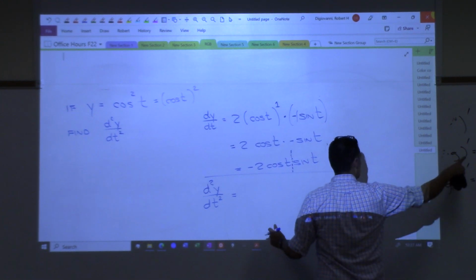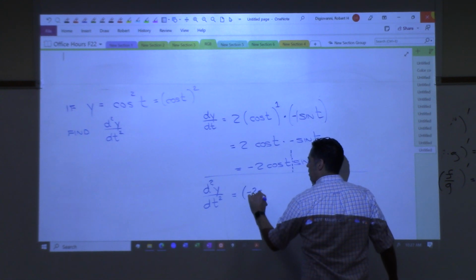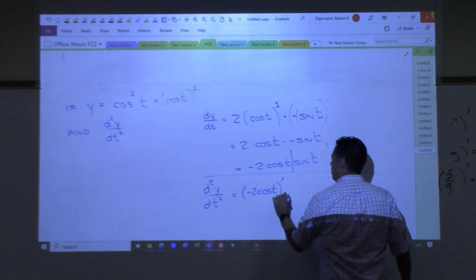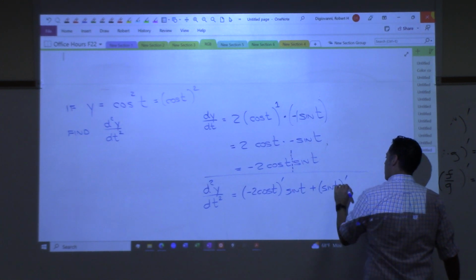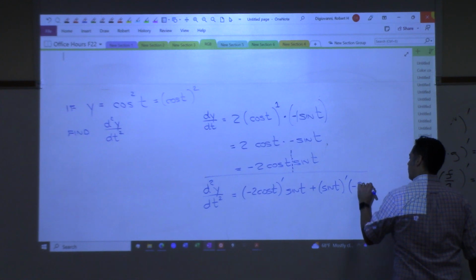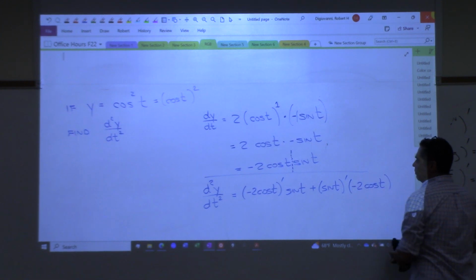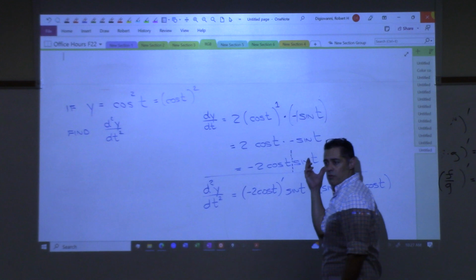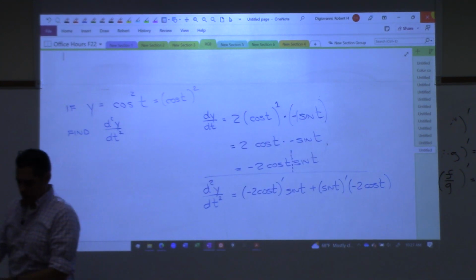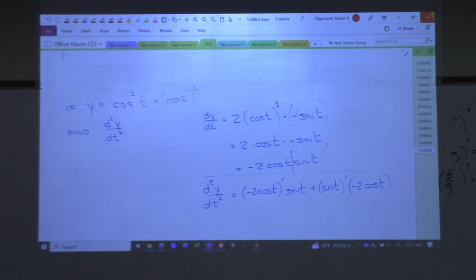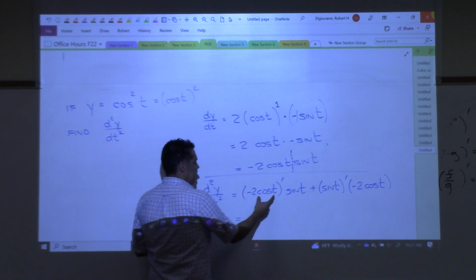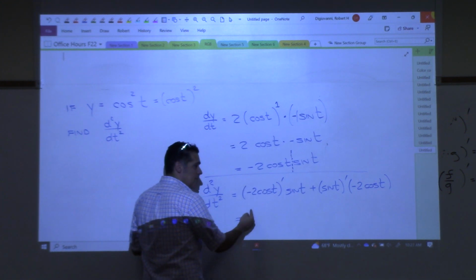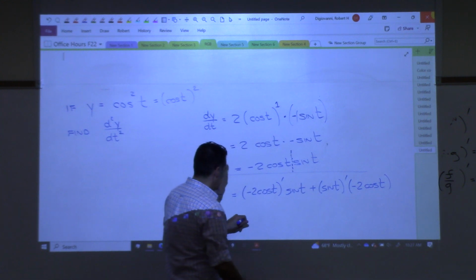So my product rule says I'm going to take the derivative of the first one times the second one plus the derivative of the second one times the first one. Right, that's my product rule right there. And then for this, the -2 comes for the ride, because it's a constant attached to the function.